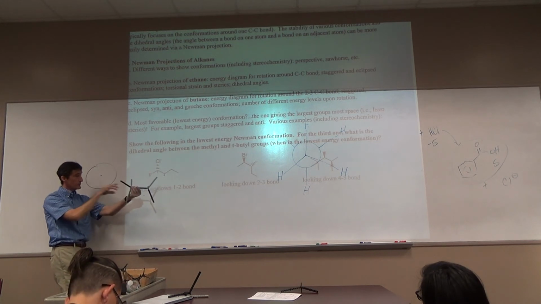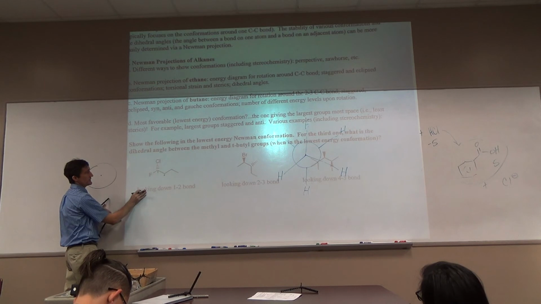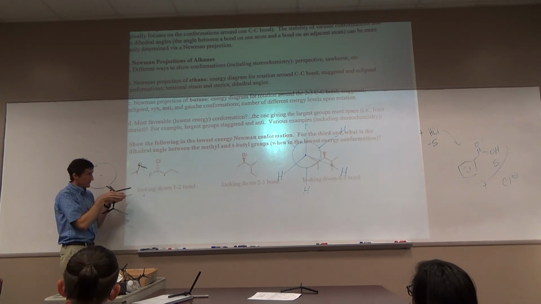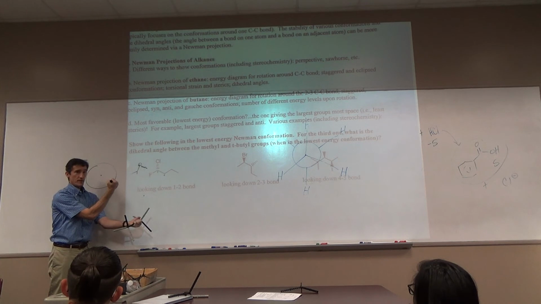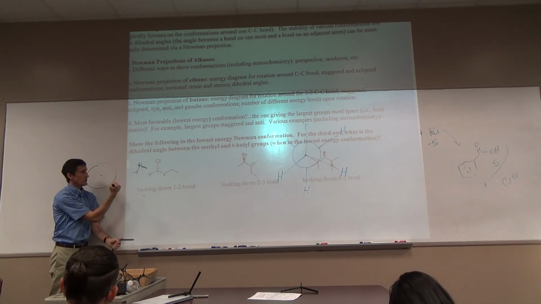I can have the molecule and I was looking over here. I'm going to stand over here and look through there. Carbon 1 here, carbon 2 there. What do I see on carbon 1?